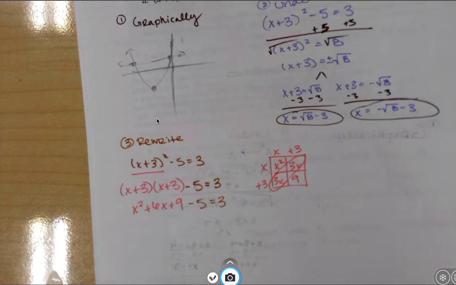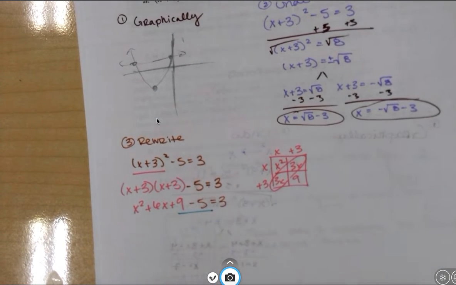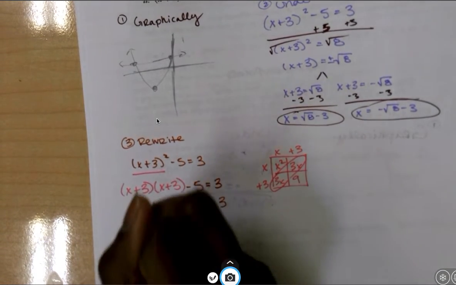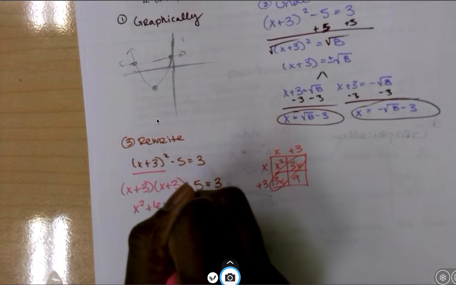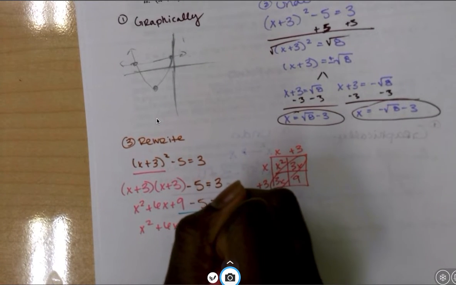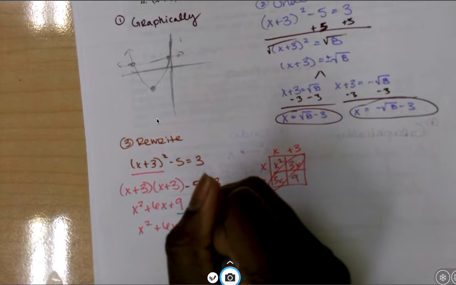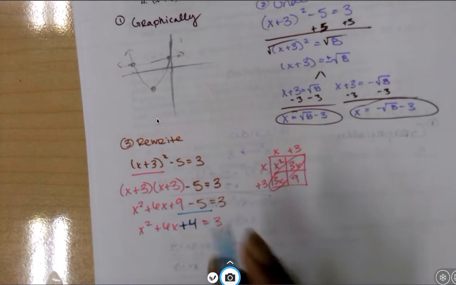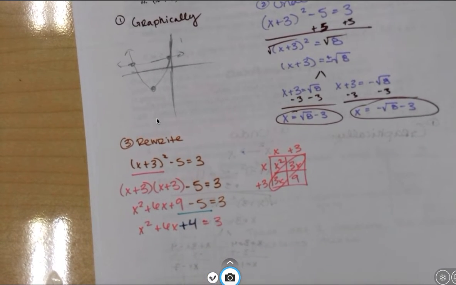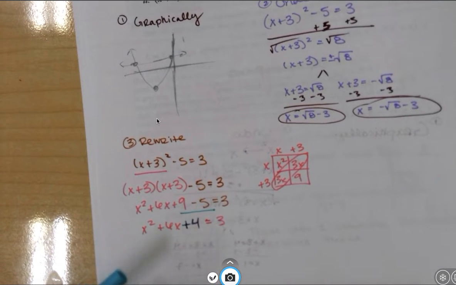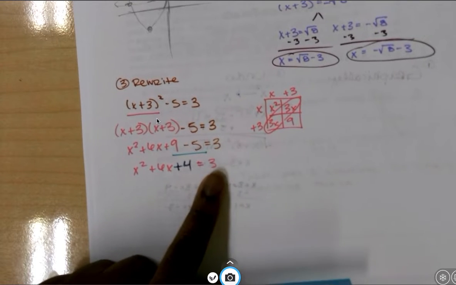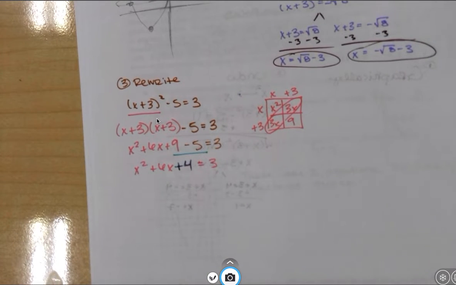So for instance, here I have a like term, so I'm going to reduce that. So x squared plus 6x plus 4 is equal to 3. I'm going to just copy that in blue for us, because remember, 9 minus 5 is 4. And in order for us to maybe factor it, this 3 has to go over here in order for it to equal 0.